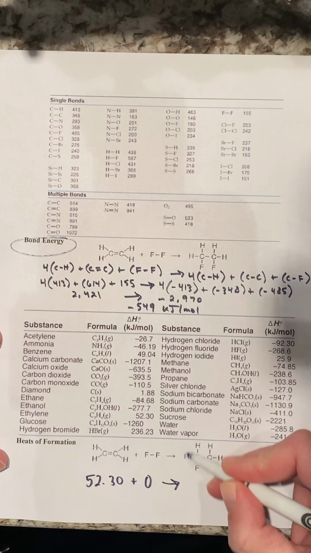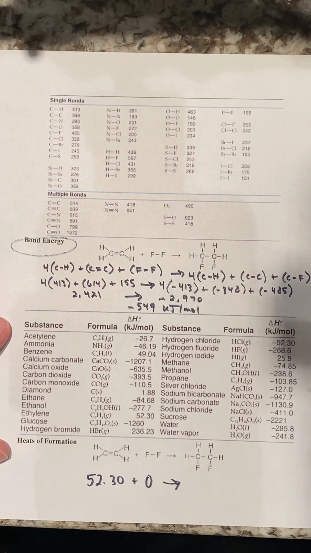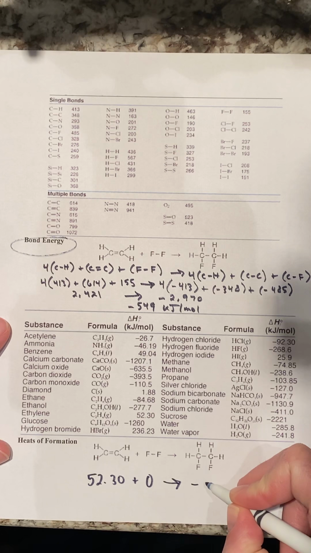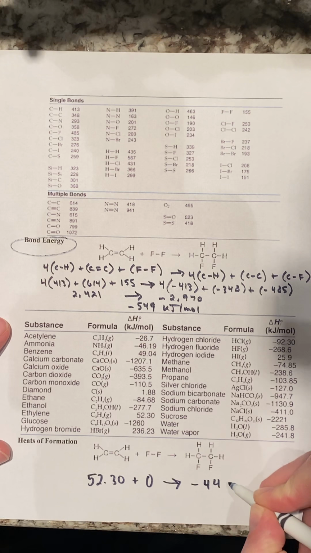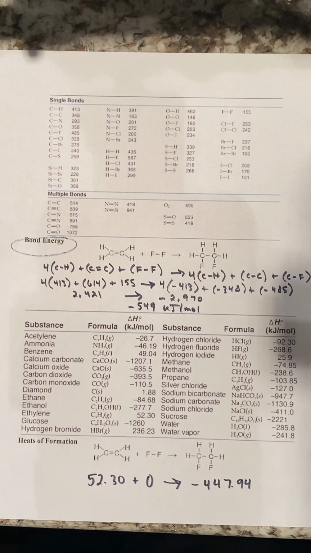And then this molecule is not actually in your chart. I had to look that up on the internet. Not something I knew. It wasn't in the chart. And so when I looked it up, that had a heat of formation of negative 447.94 kilojoules per mole.